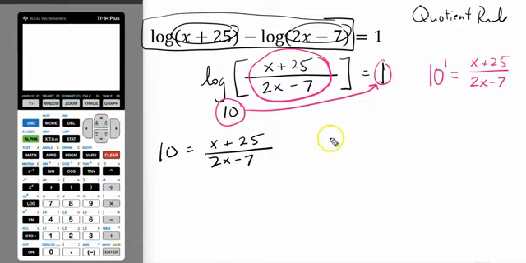Now, I want to solve this for x. I have a fraction here, a rational expression, with x in the numerator and denominator. So what we're going to do is get rid of the fraction. So I actually need to give myself more space here. How do you get rid of a fraction? You multiply both sides by whatever the denominator is.